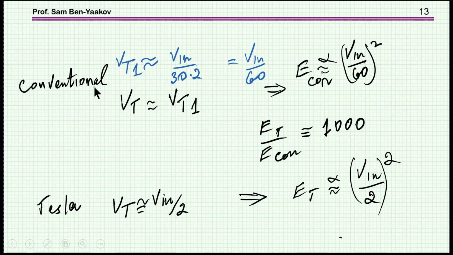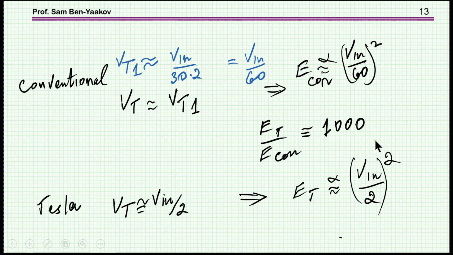Now, in the conventional one, I'm saying it's V in over 30, and then I'm dividing it again by 2. Actually, it could be more than that, but let's use this number. So it's V in over 60. Therefore, the energy is proportional to (V in over 60) squared.